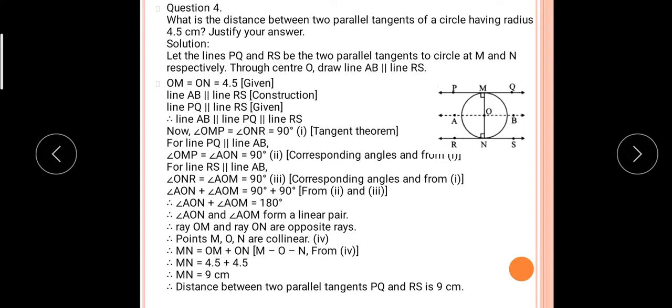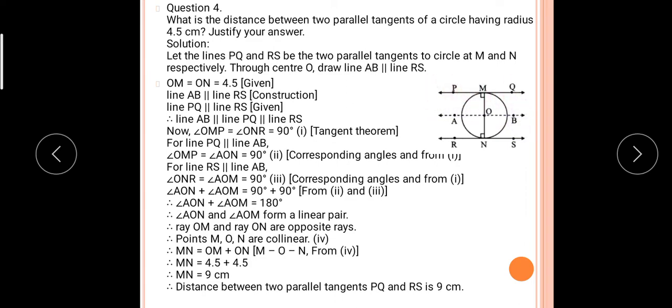Now angle OMP is equal to angle ONR. Angle OMP and angle ONR are both 90 degrees by the tangent theorem. So line PQ is parallel to AB.